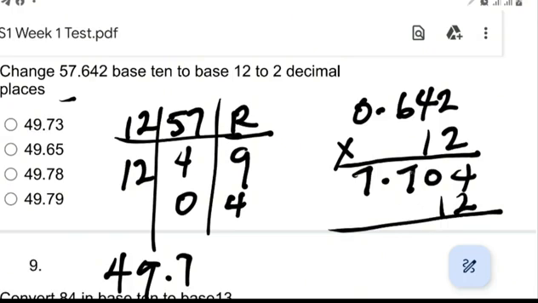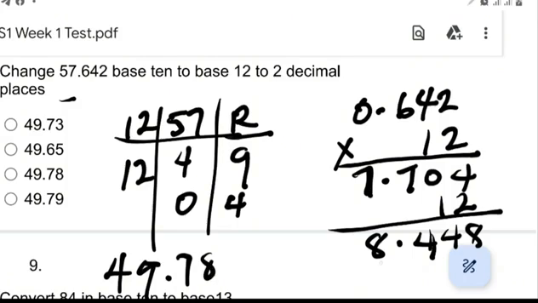What you are going to multiply by 12 is 0.704. 0.704 times 12, and you're going to have 8.448. The whole part, the 7, is not part of it, so the next digit will be 8.